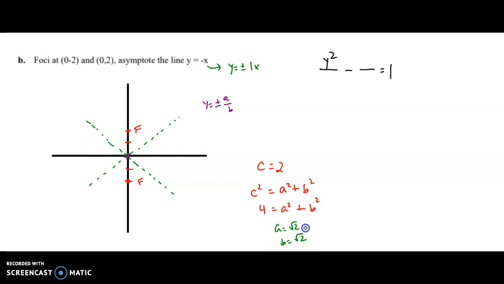And so that means A squared is 2 and B squared is 2. Those are going to be your denominators, 2 and 2, and we know the other missing variable is going to be x squared. So it is possible that A and B can be the same for hyperbolas.